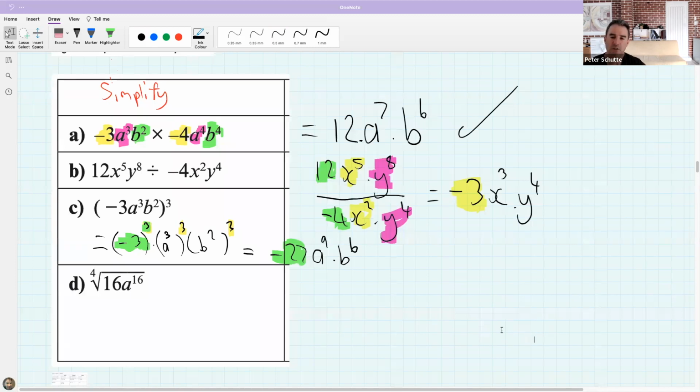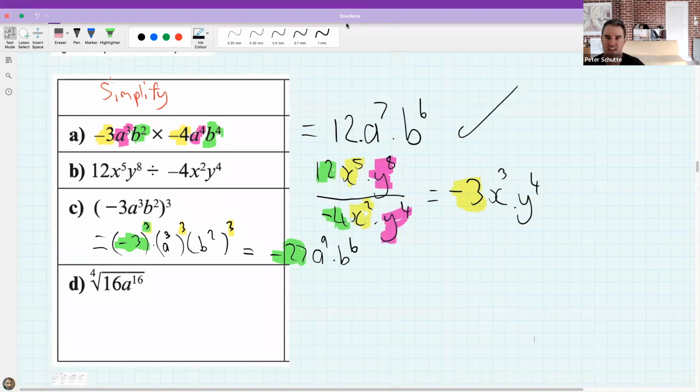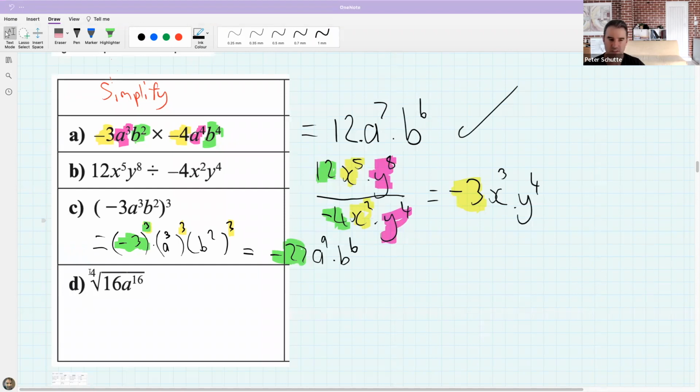I'd love someone to explain, or come on, just share their thinking. What does it mean when you have this funky looking thing over here? What is this strange looking thing over here? And what does the 4 mean? Because we haven't explicitly talked about it yet. I'd love to know if anybody could share their thinking, if they're willing. How did you approach this D?